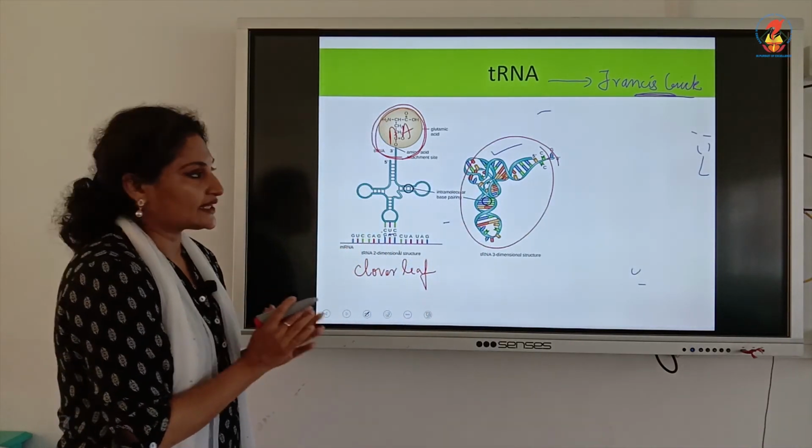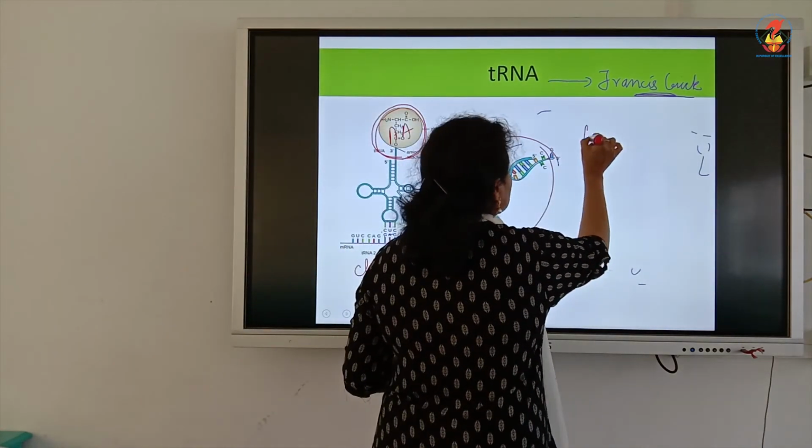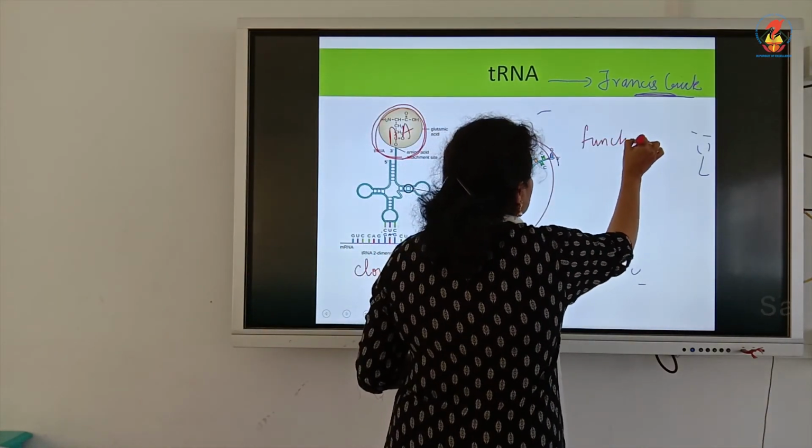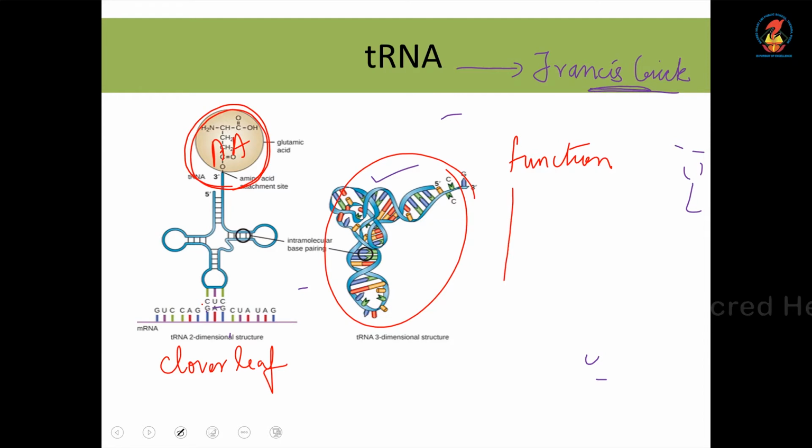Now with regard to the function of the tRNA. The tRNA has a dual function. First, it reads the bases on the mRNA. So the tRNA is going to read the bases on this mRNA: GUC, CAG, GAG, CUA, UAG.